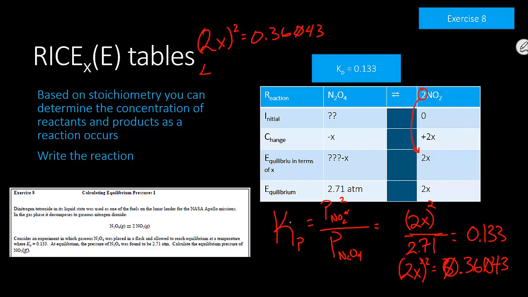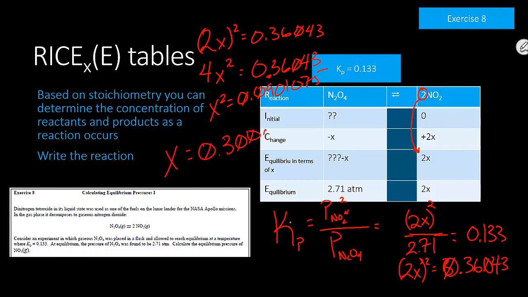So 2 squared is 4, x squared is x squared, and now this is just simple algebra. Divide by 4 on both sides, and we get x squared equals 0.09. Square root of 0.09, we get that the change was 0.3 atmospheres.